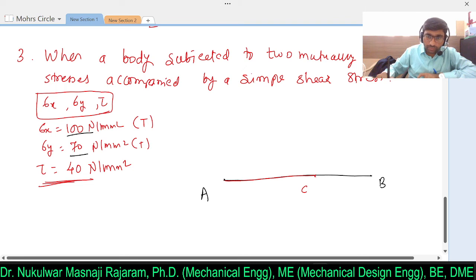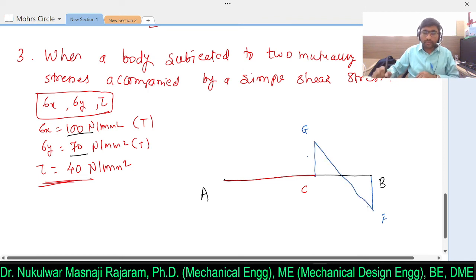So here from C I will draw a shear stress having 40 Newton per mm square. Again from B I will draw a shear stress of 40. Then join these 2 points. Let's say this is G and this is F point. Join these 2 points. Now wherever it will intersect, this point will be the O point.